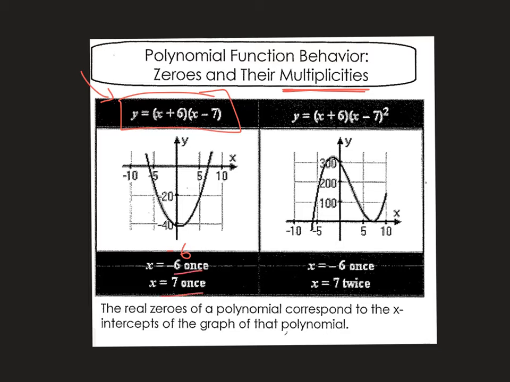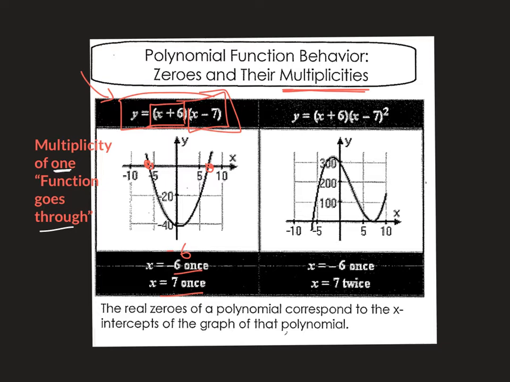They only happen once. I see that I have x plus 6 only one time, x minus 7 happening only one time, and I notice that the function goes through the x-axis. So when we see this multiplicity of 1, the function goes through the x-axis. So that's a one and done.